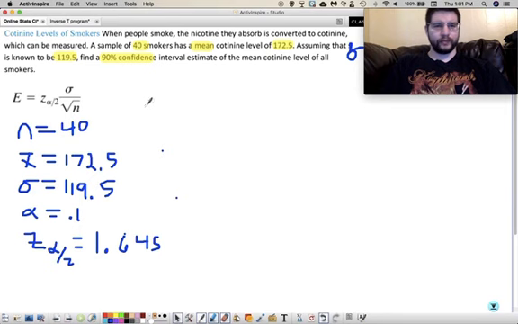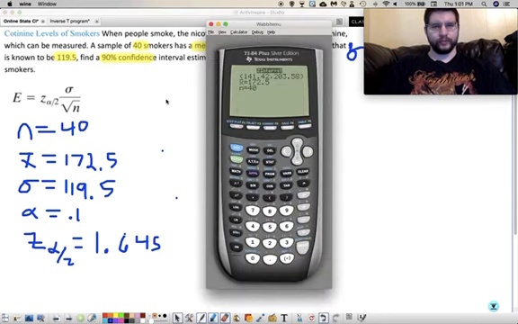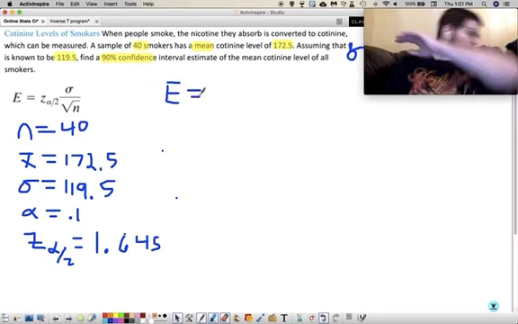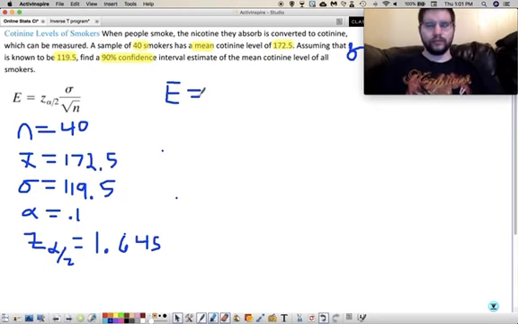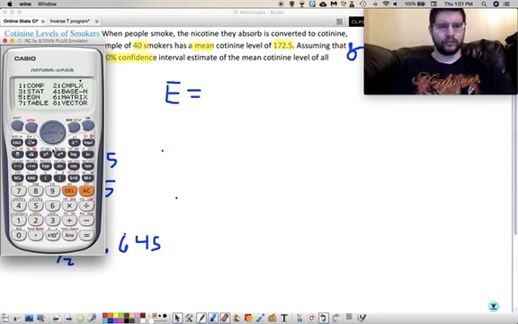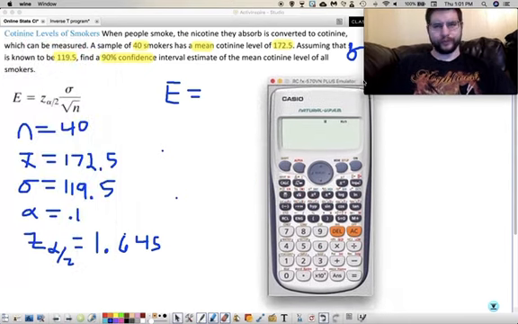So look at X bar minus our error. So we can find our error. I'll find it on here since if you're doing it by hand, you're probably using this calculator anyway.